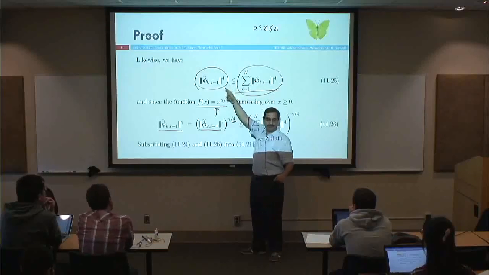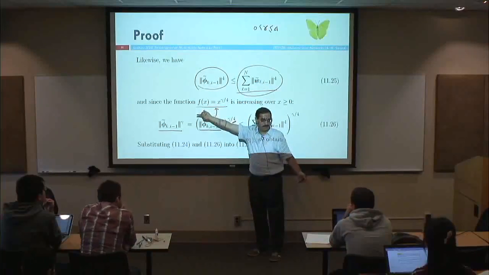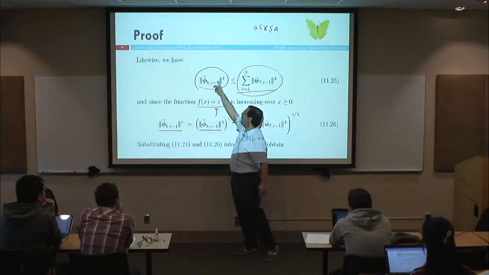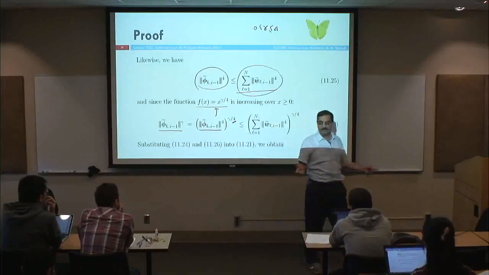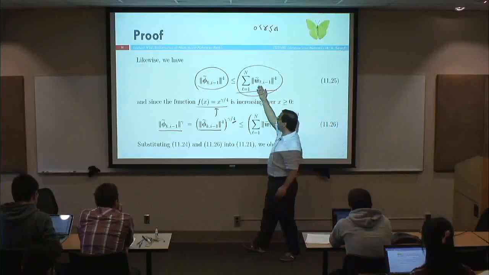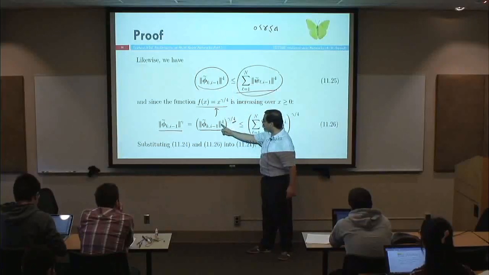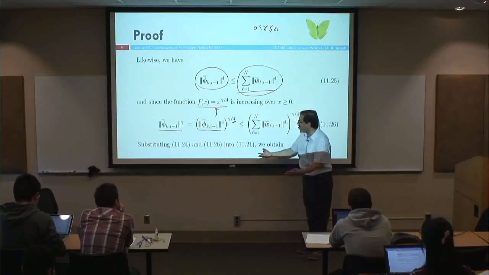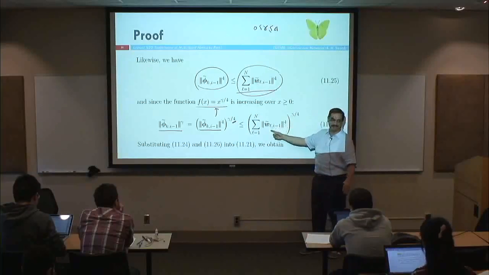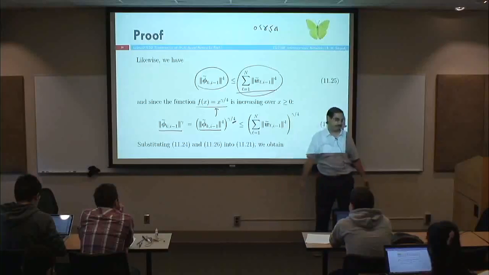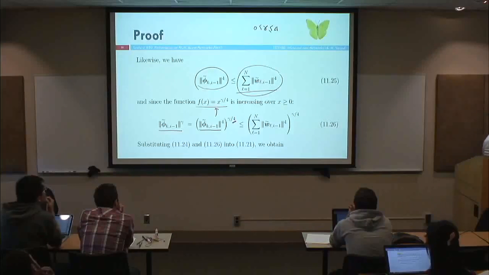How do you prove this? Using the same argument from the previous slide, because this function here, x to the power 4, is also convex, right? So this argument is larger than that. So this function evaluated at this argument will be smaller than this function evaluated at a larger argument because of this property, right? So using this, I was able to conclude that this is bounded by that.